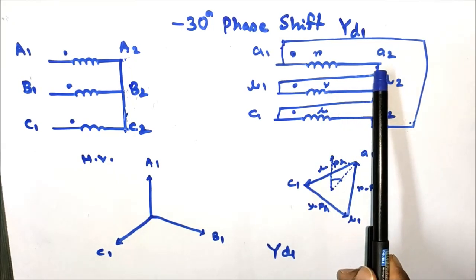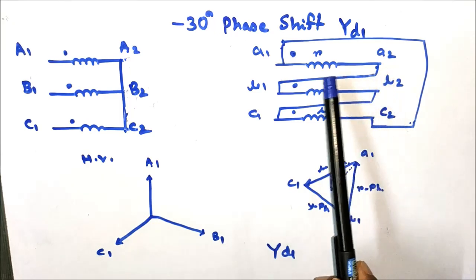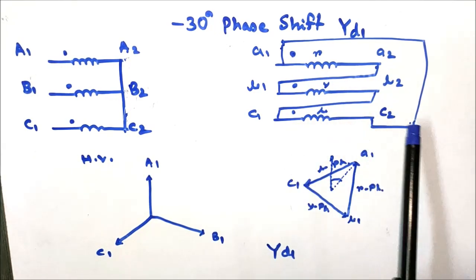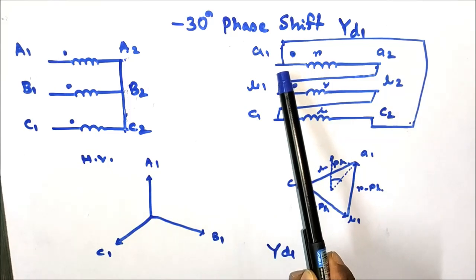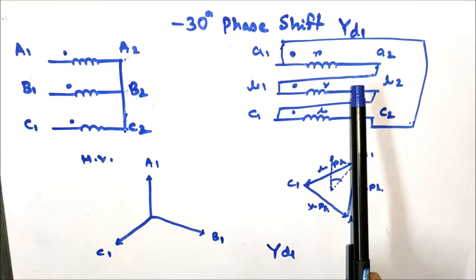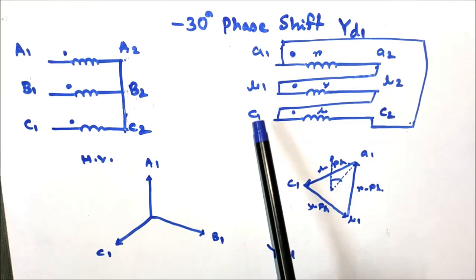A2 is connected with B1, B2 is connected with C1, and C2 is connected with A1 to form the delta in the LV side winding, and the connection terminals are A1, B1, C1.